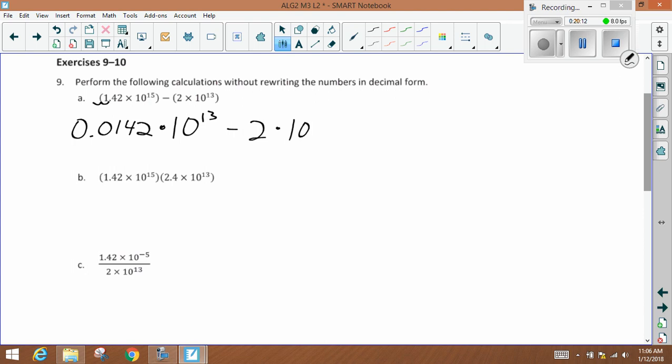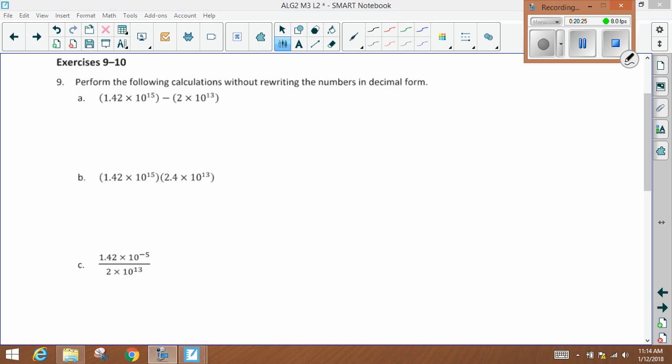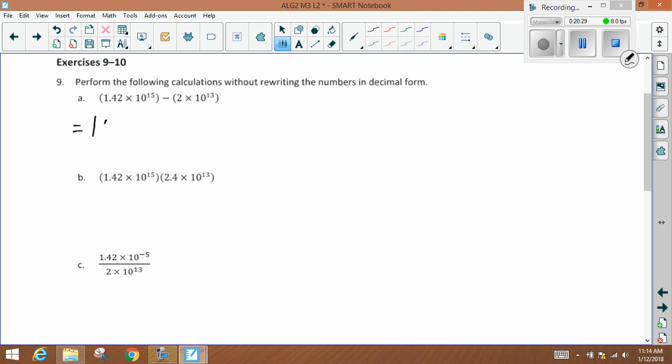Something is wrong. So with this one, let's go ahead and make this 142 times 10 to the 13th instead. That way we don't wind up with a negative number.